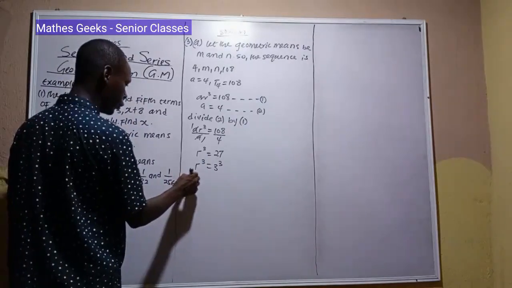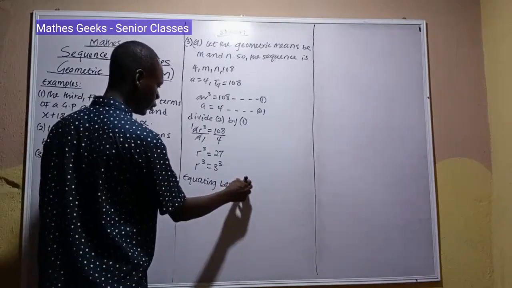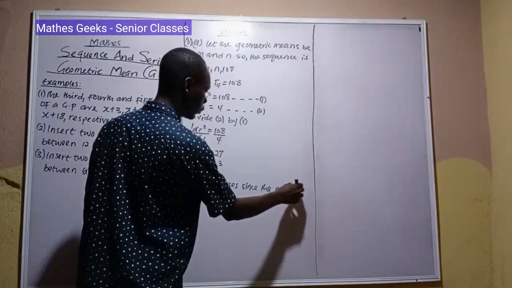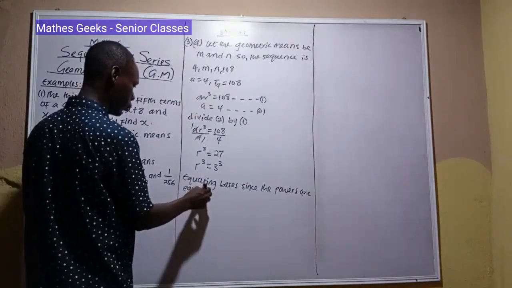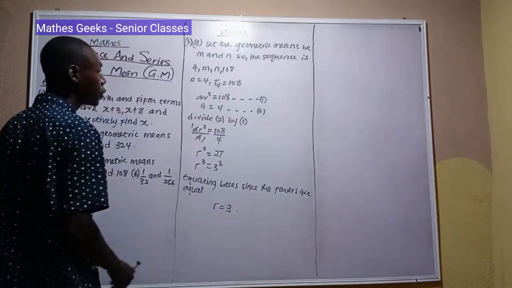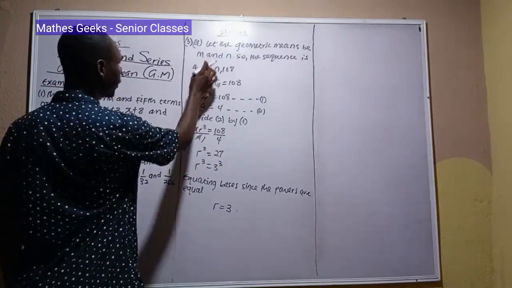So equating, since the powers are equal, r is equal to 3. The next thing is to get the second term.